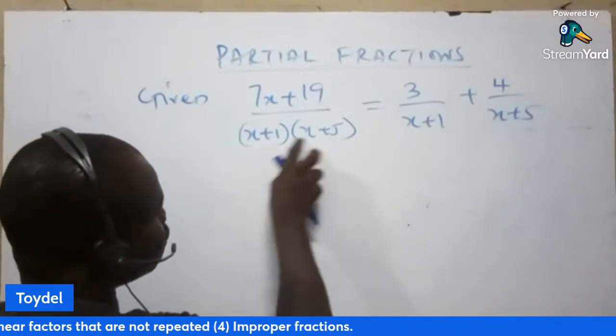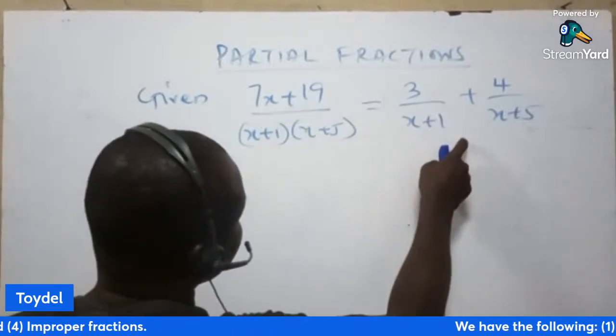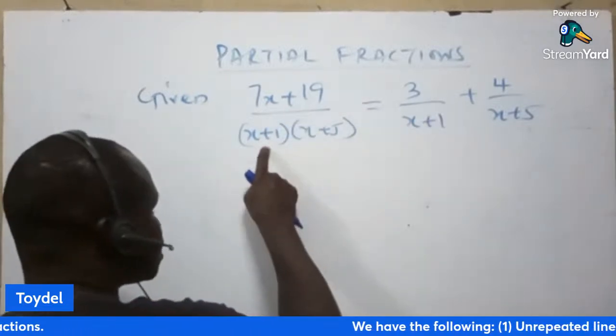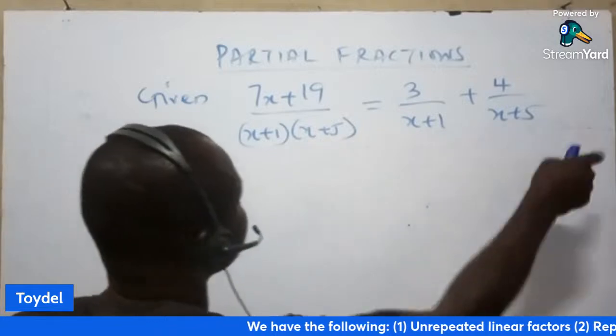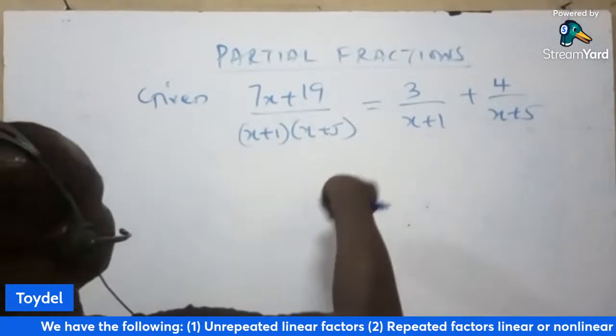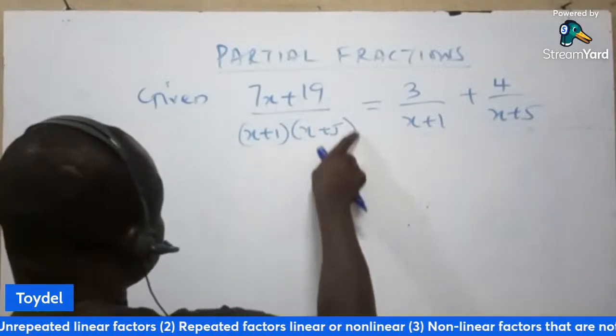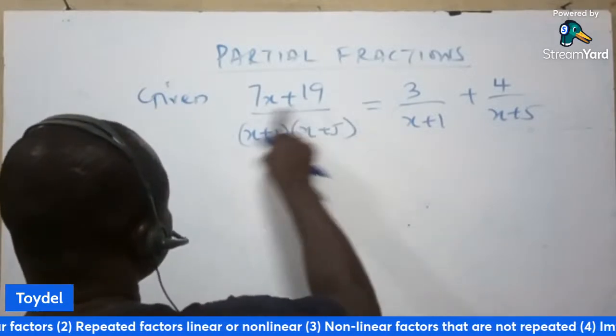This denominator has two factors. This is one factor, this is another factor. We split it into two factors. So whenever you want to resolve a compound fraction into some of its partial fractions, we look at the denominator.